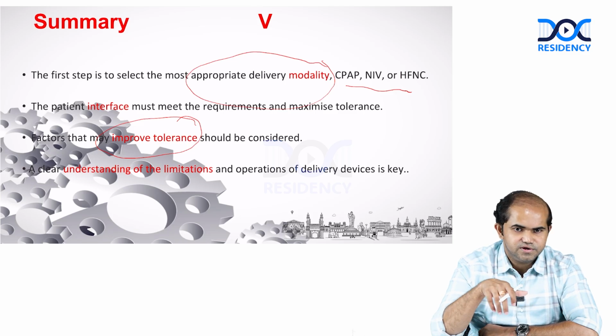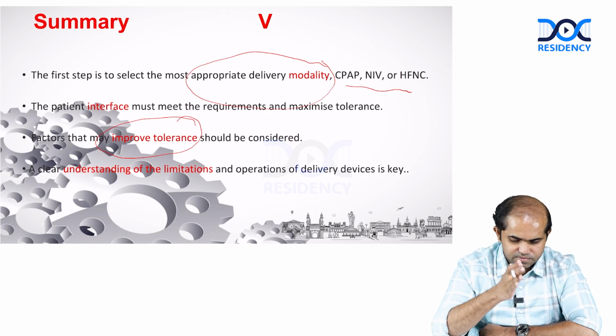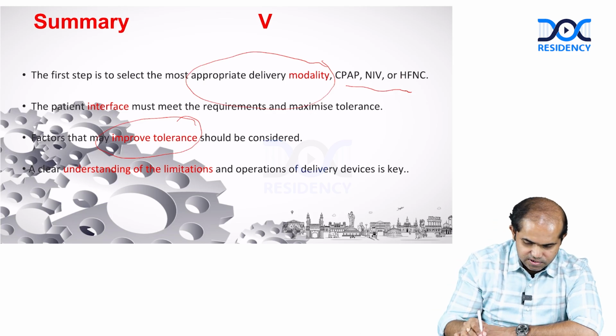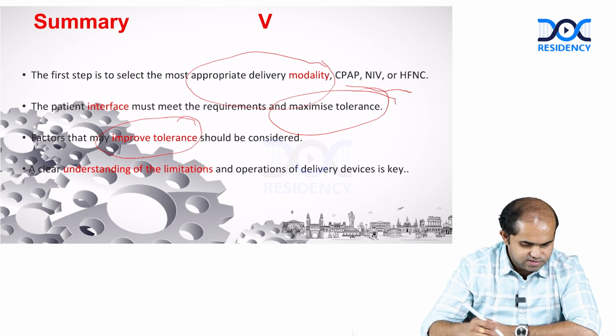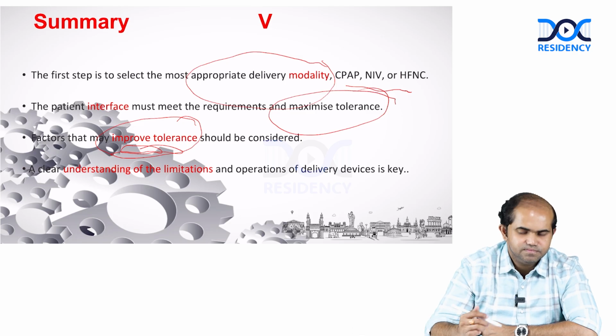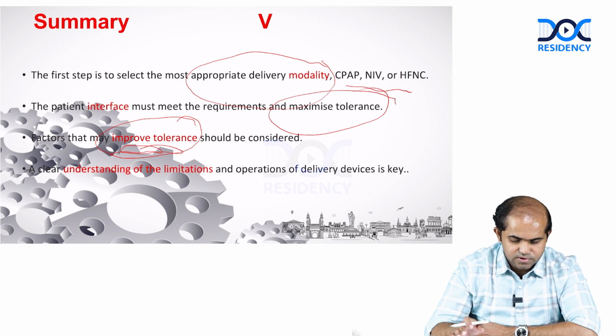You can't put a neonate on a BiPAP; the child is definitely not going to tolerate it. Or you can't put a 10-year-old child on a CPAP. The patient interface must meet the requirements and maximize tolerance, and factors that may improve tolerance should be considered, such as a proper face mask, adequate seal, and other things. You can start some low-dose sedation, making the child comfortable, or in case of BiPAP, give a slow ramp time. In such scenarios, where tolerance can be improved, it should definitely be considered.